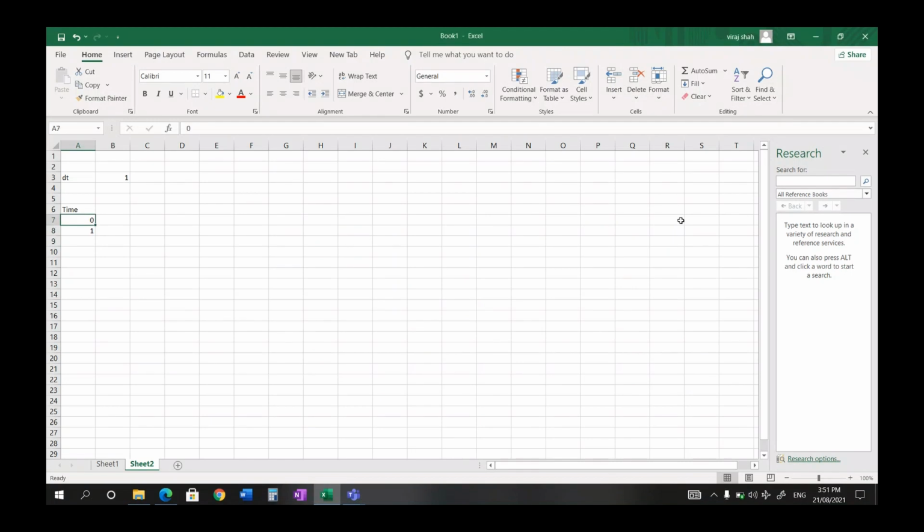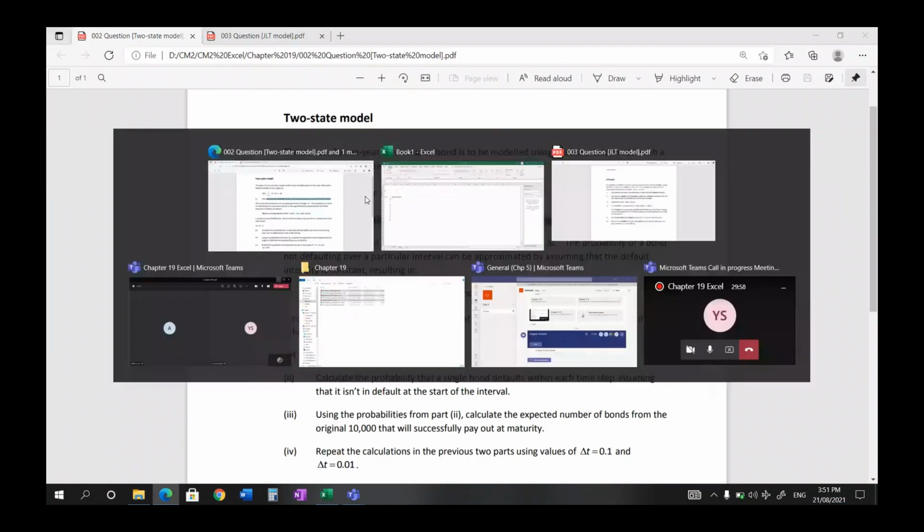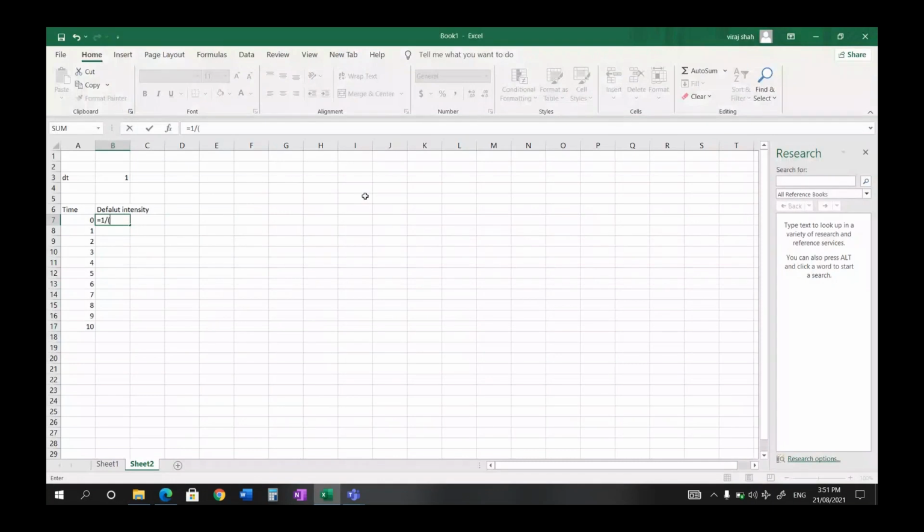So I'll just draw my time t till my time value. And your default intensity, I'll write it down. It is nothing but 1 upon 3 plus t. So 1 upon 3 plus t. Time is 0.